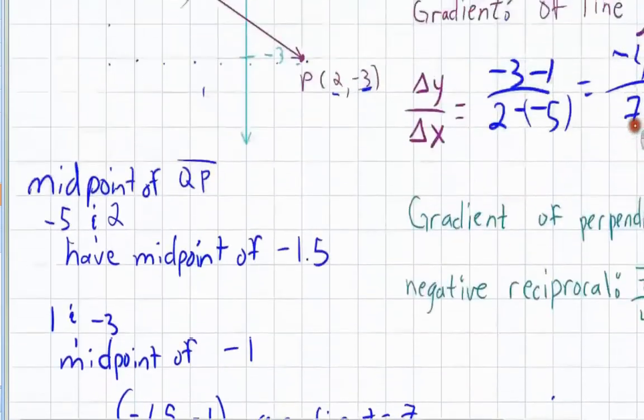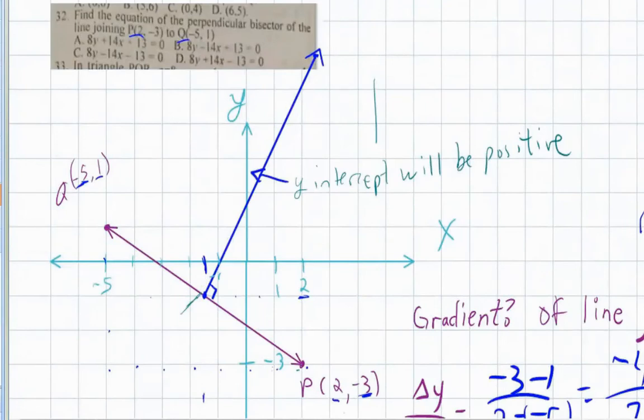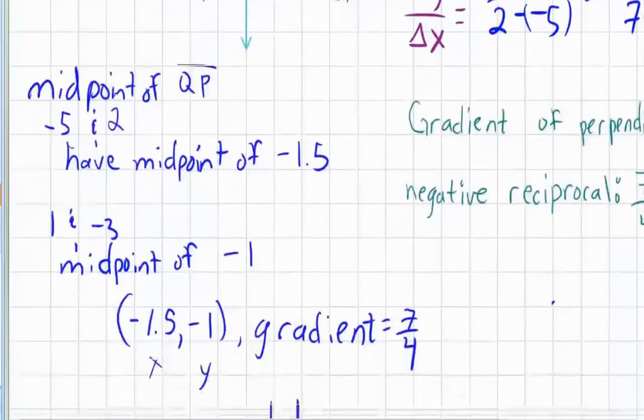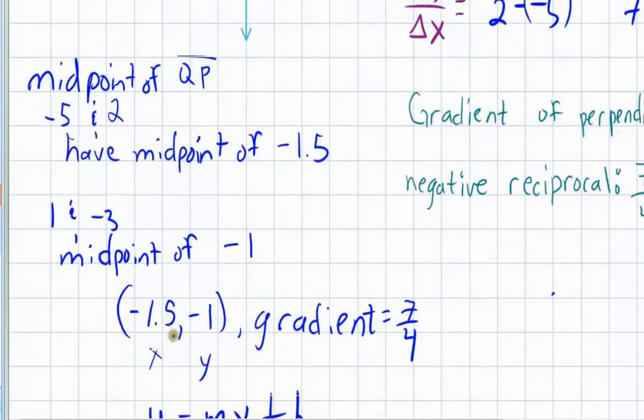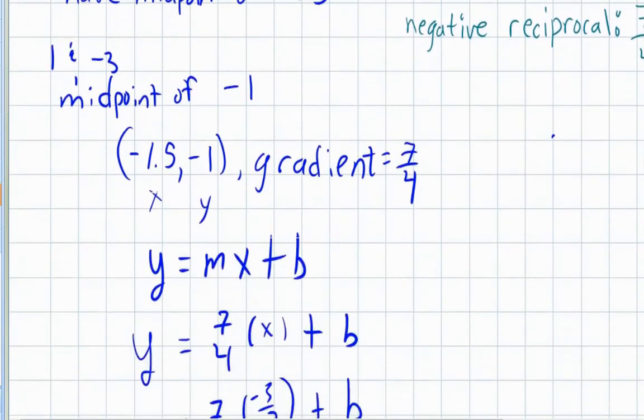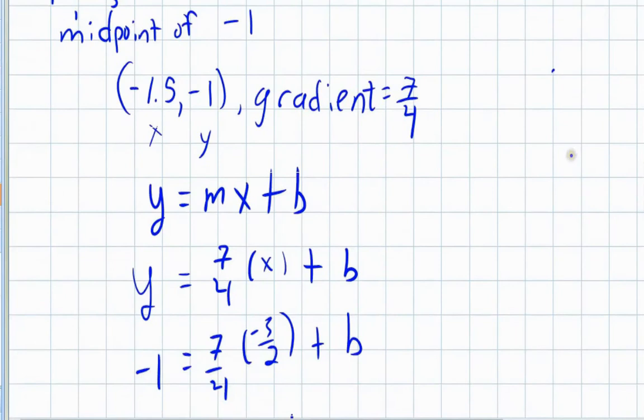So now we know that this perpendicular bisector line goes through the point that has -1.5, -1, and it has a gradient of 7/4. And then knowing that the equation of a line can be represented by y equals mx plus b, we plug in our gradient, and then we can solve for what b is by using the point that we have.